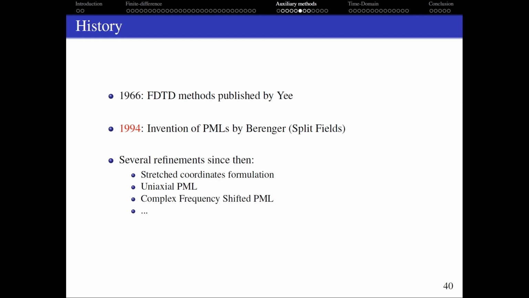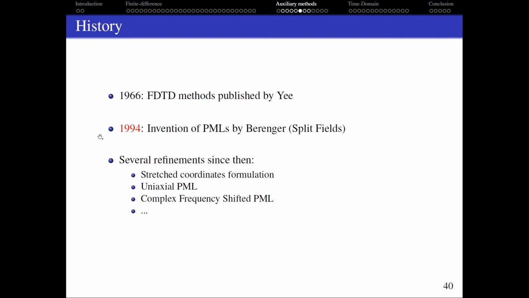They were working for a very specific case, for instance when the field was at normal incidence on the boundary, or they worked well for very specific angles, but they were far from perfect, and we really had to wait for the invention of this stuff 30 years after the FDTD was defined. And that means it has only been 30 years since we could use the FDTD.